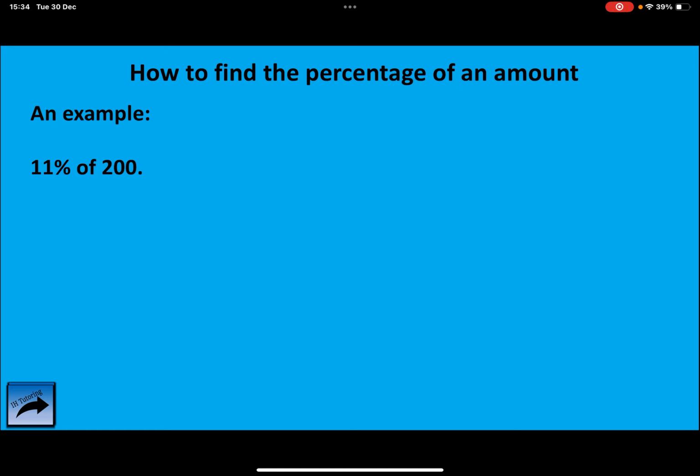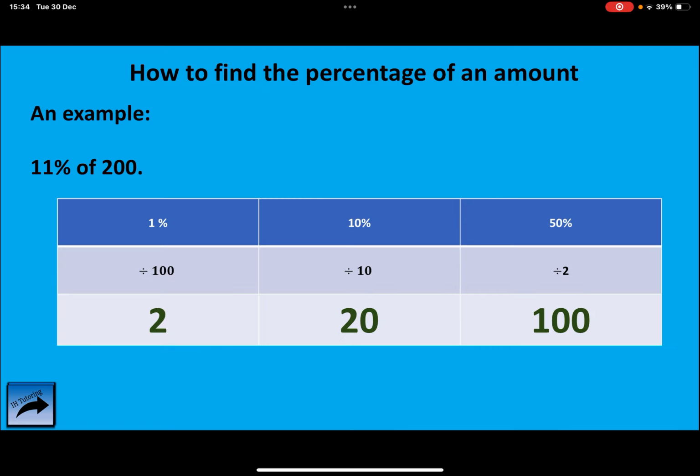I'm going to take you through an example, 11% of 200. Now, certainly when you're new to percentages, I always think it's a good idea to work out 3 set percentages that can help you answer any percentage question. So with this example, if we've got 11% of 200, you find 1% by dividing by 100.